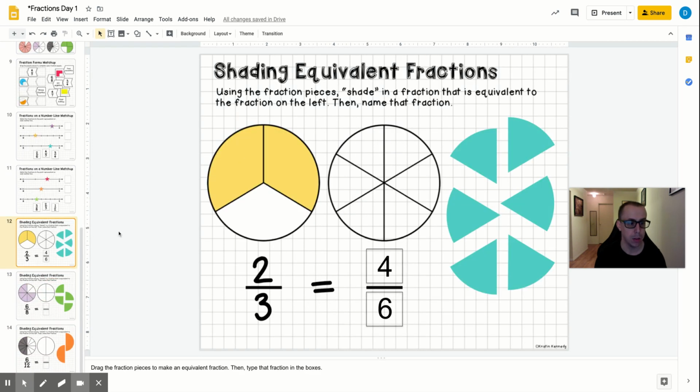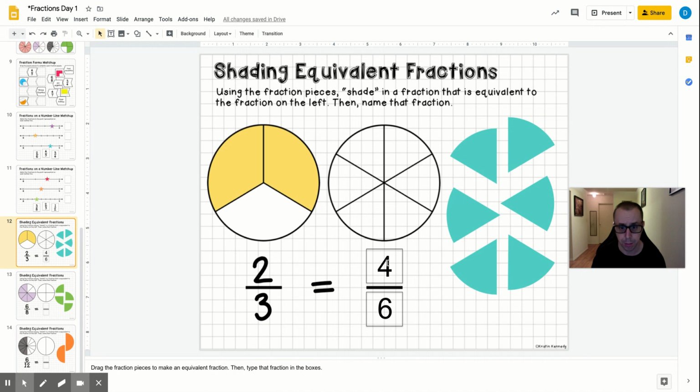Now, these last 3 slides are the new concept that I was talking about. Okay, shading equivalent fractions. So to find fractions that are equal to each other, there's a few things we can do. We can use picture representations. We can also look at the digits in the fraction and see how they are related to each other. Okay, for example, here I have the digit 2.